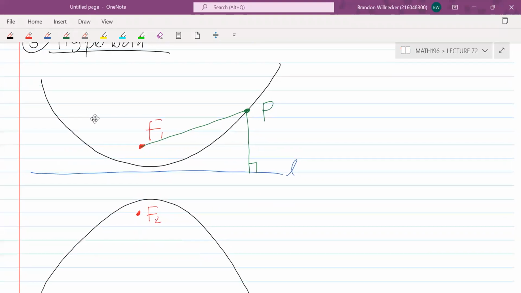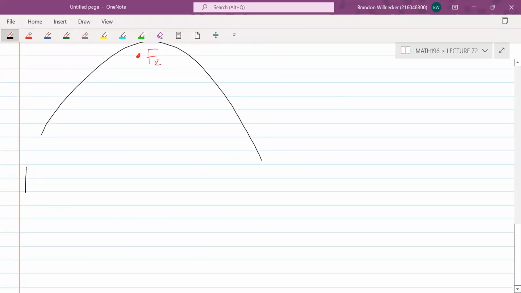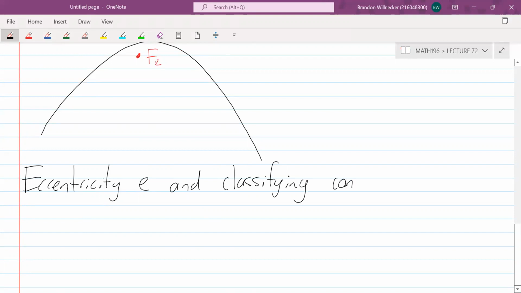Just a note on these eccentricity values, for classifying conic sections.